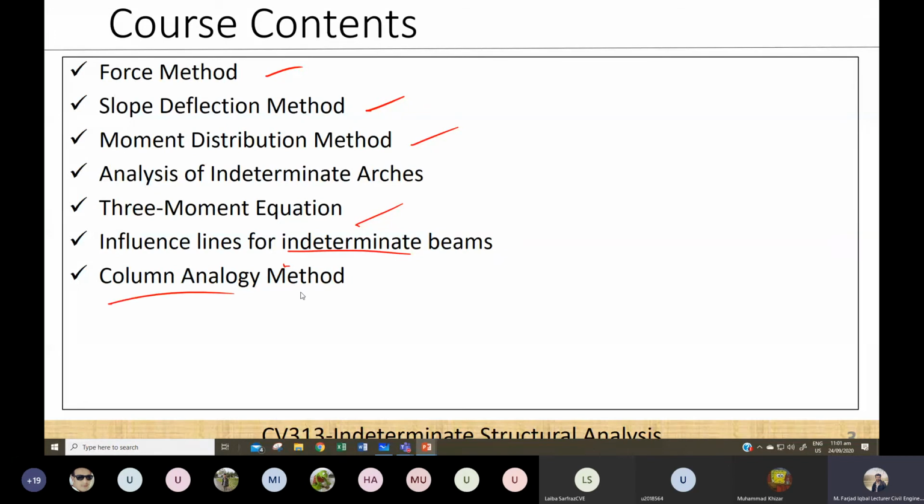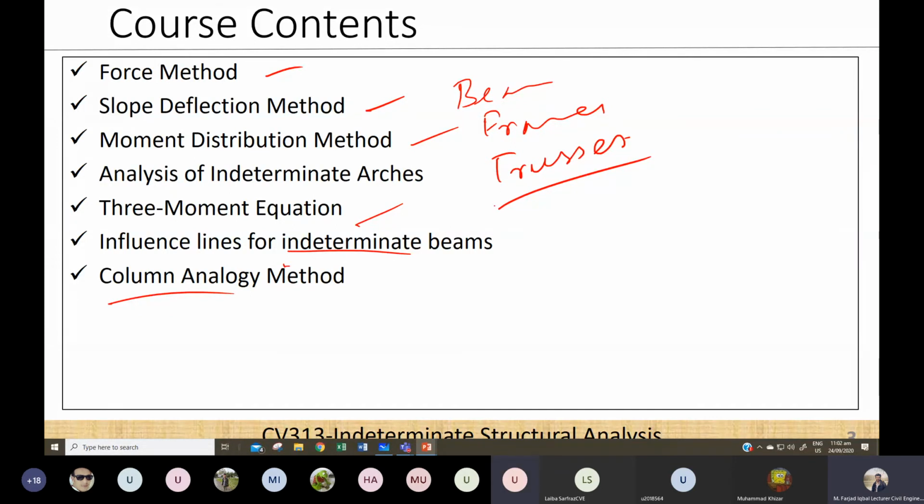And this is the last method, again for the analysis of these beams and frame structures. We will apply all these methods on frames, beams, and trusses. So this time the course is much more than the previous course, but again we can do it.